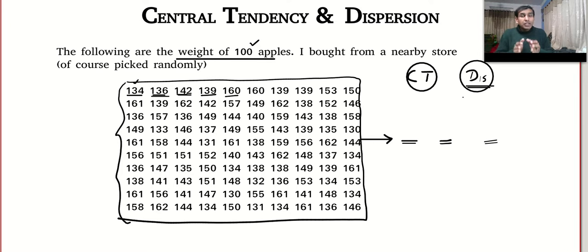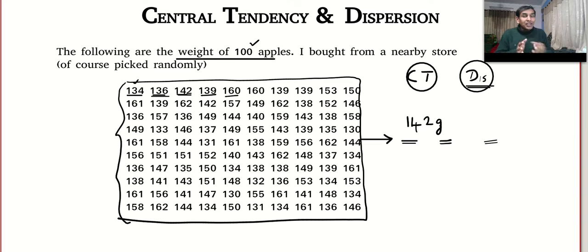So whenever we have a minor analysis, we are interested in two things. One is called central tendency and another is called dispersion. Now look at this. For example's sake, I have not calculated, I don't know also. If you want, you can calculate. Let's say the average of all these numbers is 142 gram.